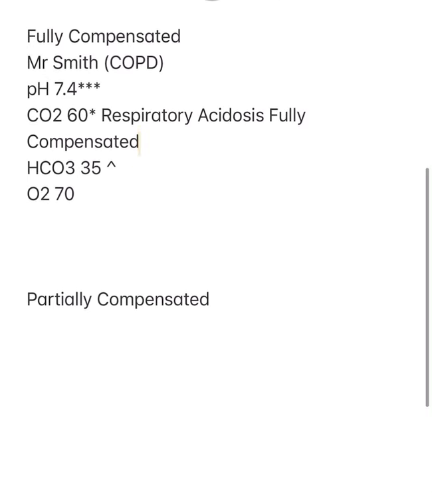For a partially compensated ABG, let's say Mr. Smith is in acute on chronic COPD exacerbation, but his body's getting tired and his pH is abnormal because his kidneys are not compensating as well.